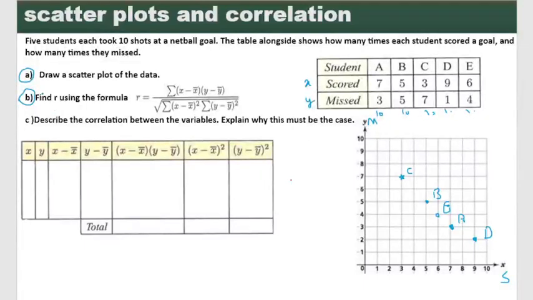Part B asks to find R using the formula.